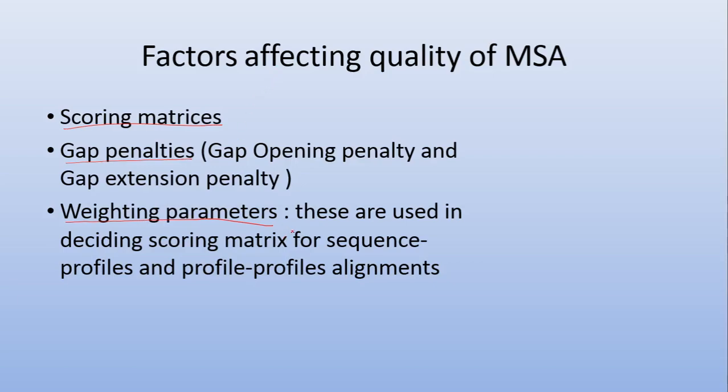These weighing parameters are used in deciding the scoring metrics for sequence to profile alignment or profile to profile alignment. So what weighing parameters you use, how you handle the gap penalties, and what scoring matrices you use, these three factors would eventually determine the quality of your multiple sequence alignment. So this is very important to know.